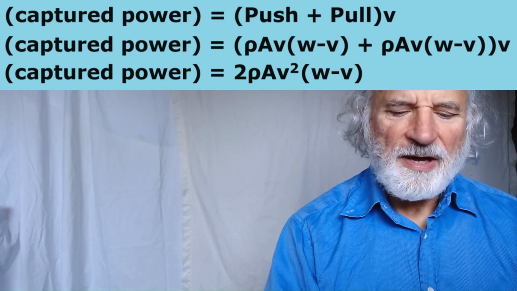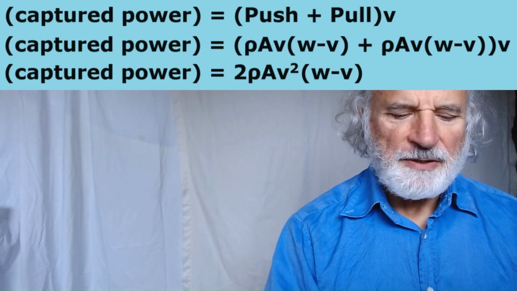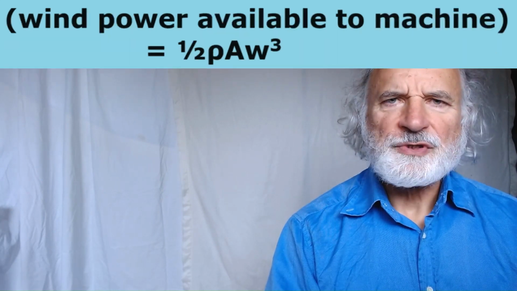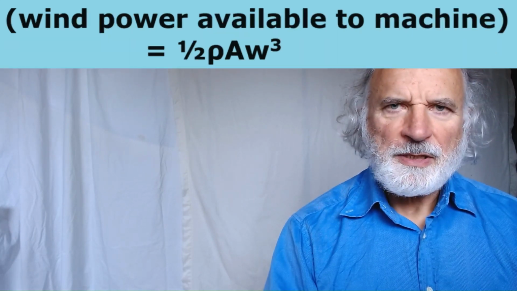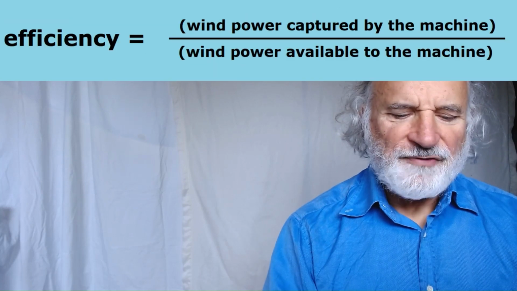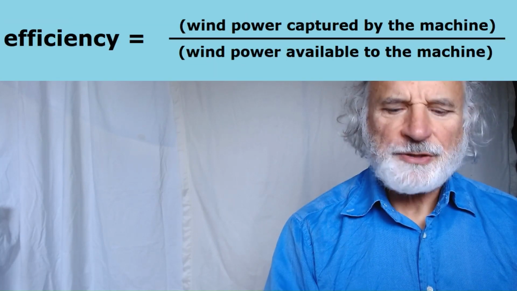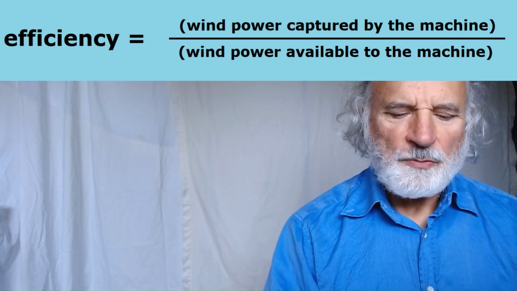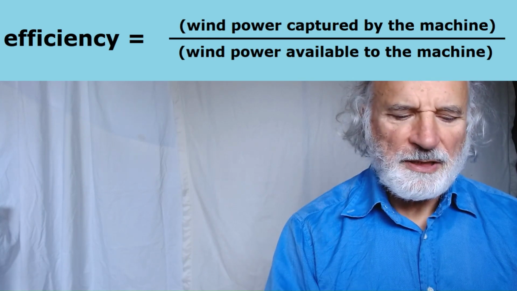The wind power available to the machine is the power that flows through its area when the machine offers no resistance to the wind. Efficiency is defined as the ratio of the wind power captured by the machine to the wind power available to the machine.